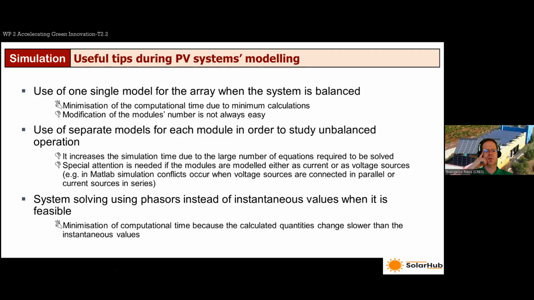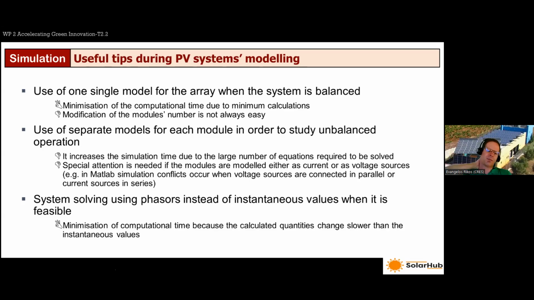Some useful tips when modeling PV systems: in order to minimize the computational time, one can use a single model for the array when the system is balanced. There is no need to use multiple models for each cell or each module separately. This leads to minimization of the computational time.